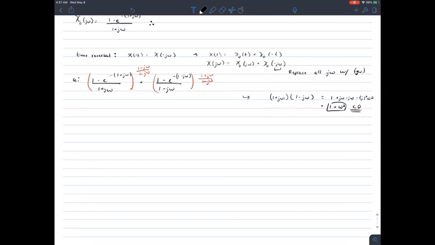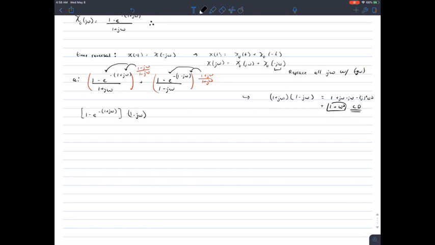So now, since we have a common denominator, we need to distribute this out to the individual ones. So 1 minus e to the negative 1 plus j omega times 1 minus j omega.